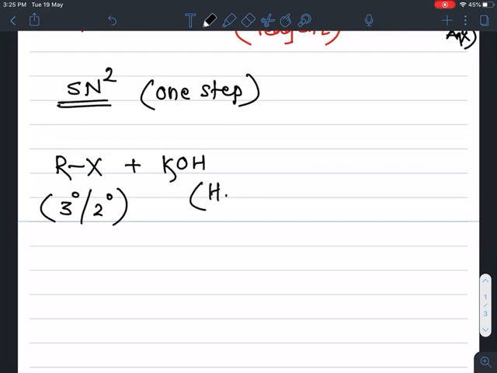Sometimes water is also used as a polar protic solvent. Water breaks into the ions H plus and OH minus, so it is also called a polar protic solvent.